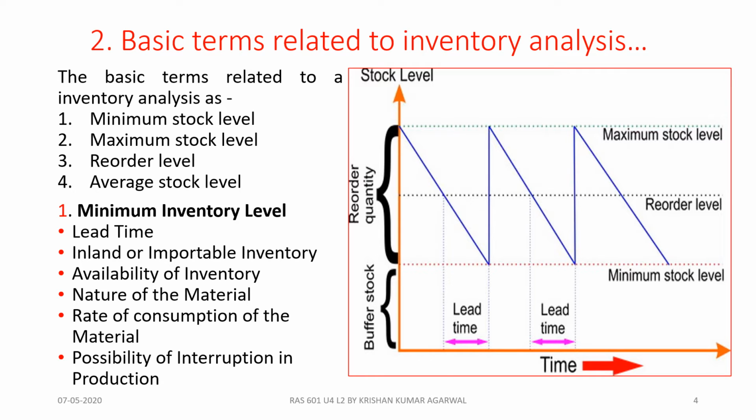The important terms related to the minimum inventory level are lead time, inland or importable inventory, availability of inventory, nature of material, rate of consumption of material, and possibility of interruption in production. These are all factors which a manufacturer should take into consideration while maintaining the minimum inventory in the organization.